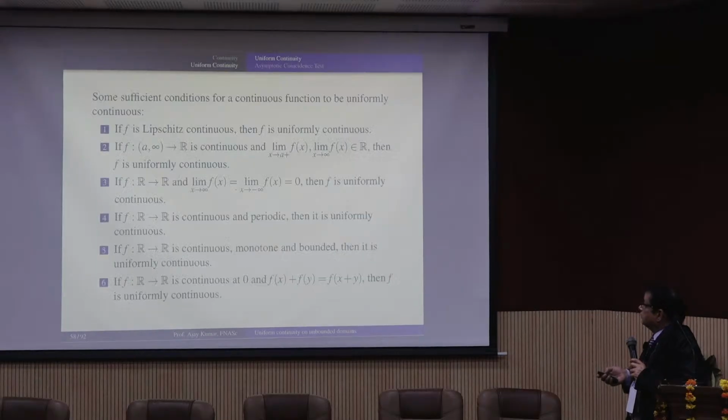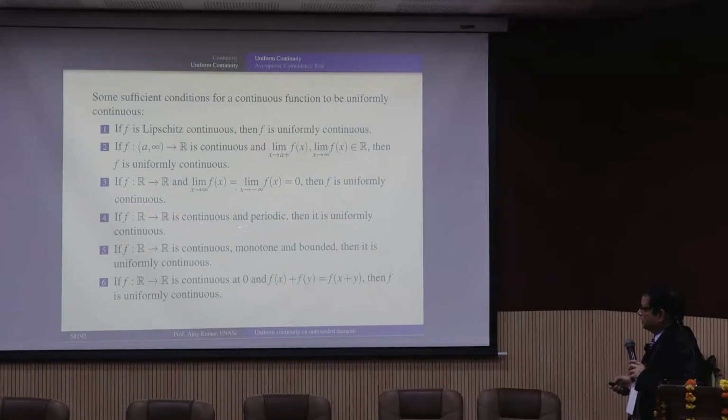This is just the summary of what I have just done. If f satisfies the Lipschitz condition, then f is uniformly continuous. If the limit is a real number, even at infinity, then that is also uniformly continuous. On R, if both the limits are 0, then f is uniformly continuous.